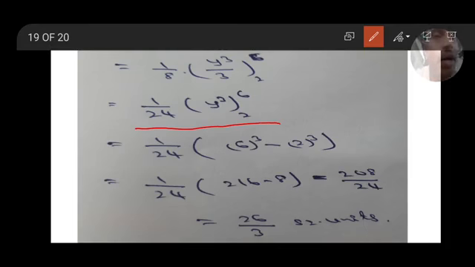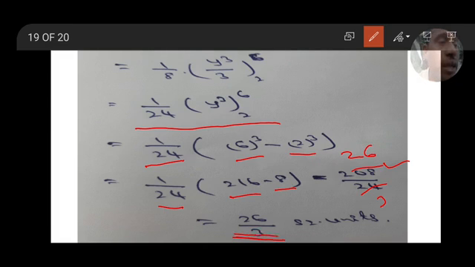So upper limit minus lower limit, 1 by 24 into 6 cube minus 2 cube. 6 cube means 216, 1 by 24 into 216 minus 8. 216 minus 8 means 208 by 24, that is 26 by 3. 8 3s are 24, 8 2s are 16, 8 6s are 48. 26 by 3 is the square units.